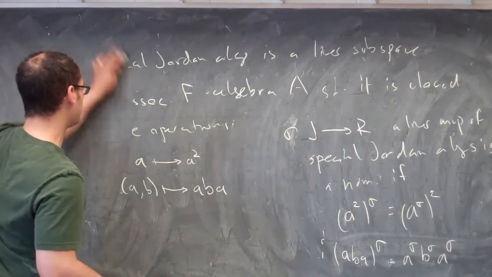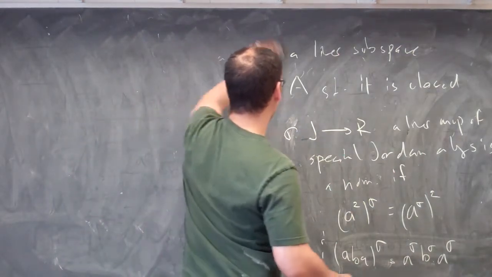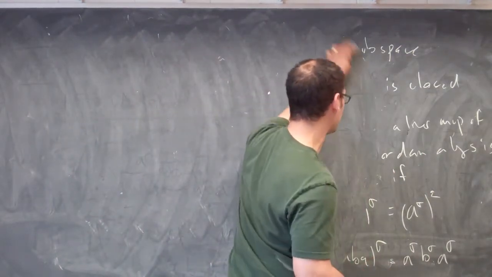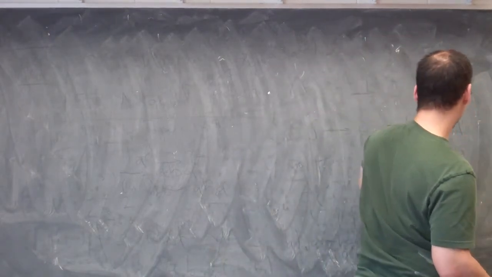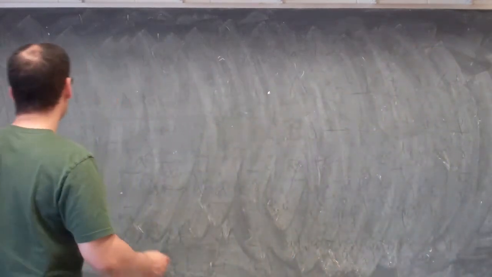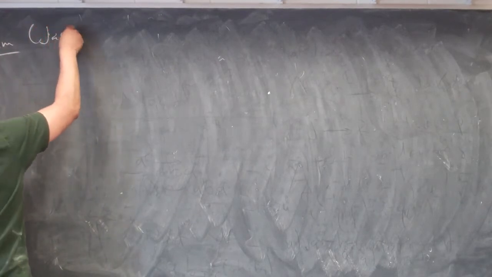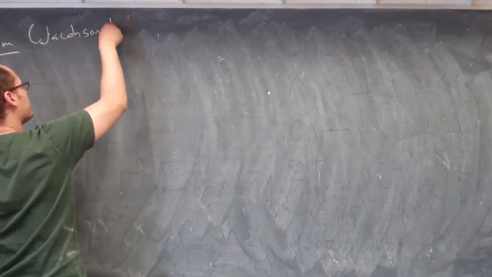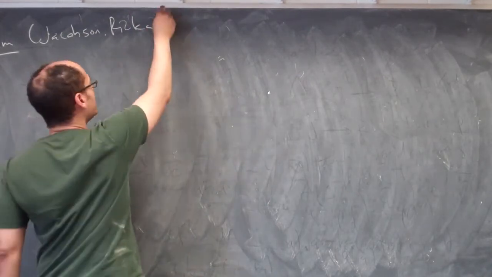And the theorem of Jacobson and Rickart shows you what the constraints are on Jordan homomorphisms between associative algebras. So here's the theorem. Jacobson and Rickart.